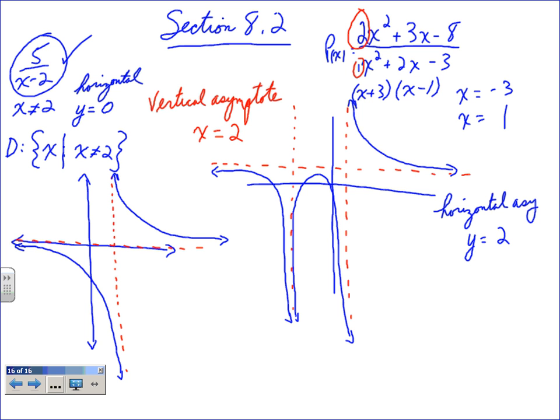If the degree is greater on top, maybe you'll have an equation that looks like y equals, I don't know, maybe x cubed minus 2x over 3x squared plus 7.